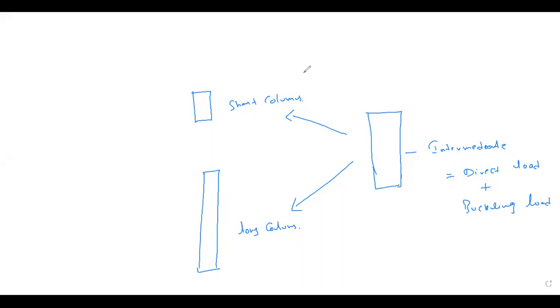Sir, you said the Rankine formula is used for all types of columns. Do we use it even to find the load in long columns, when a separate long column is given? See, if you have only a long column, there is no need to use the Rankine formula. You can directly use Euler's formula to calculate the buckling load.